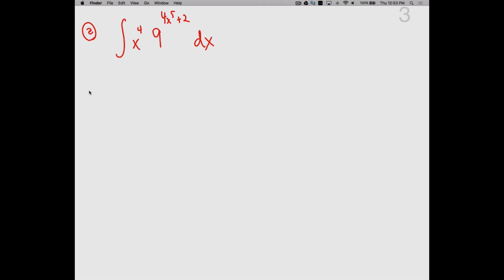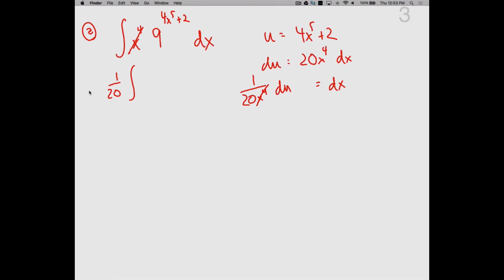All right, what's u? 4x to the 5th plus 2. Okie doke. This is good because the x to the 4th down here cancels with that x to the 4th. We get a 1/20th out in front, and we get 9 to the u du.